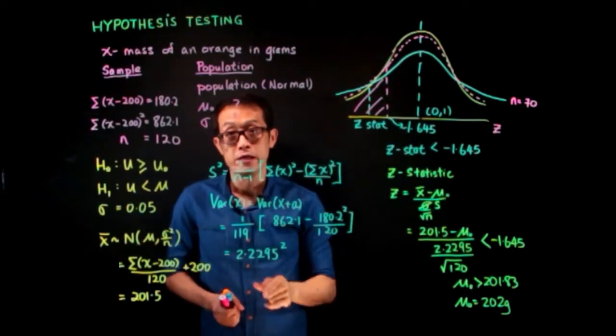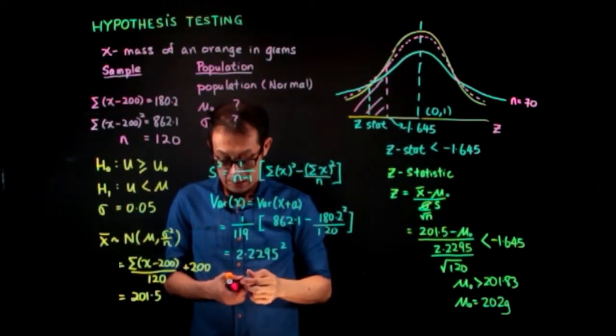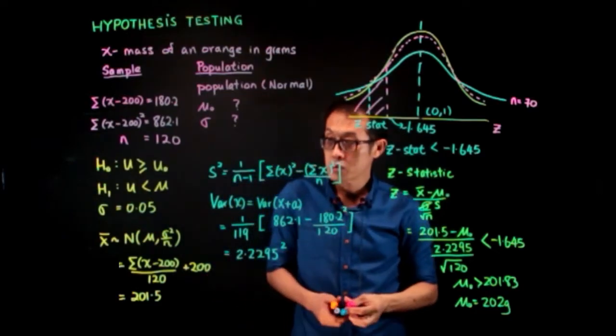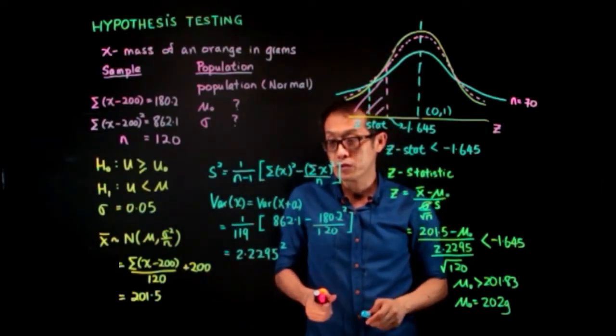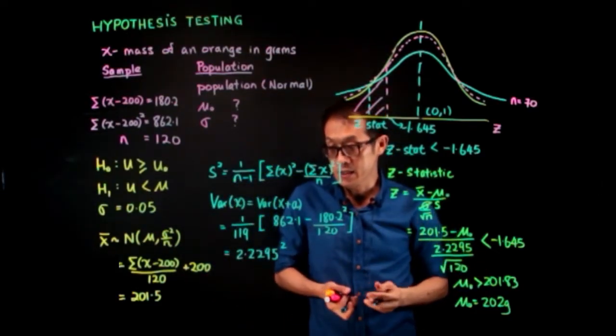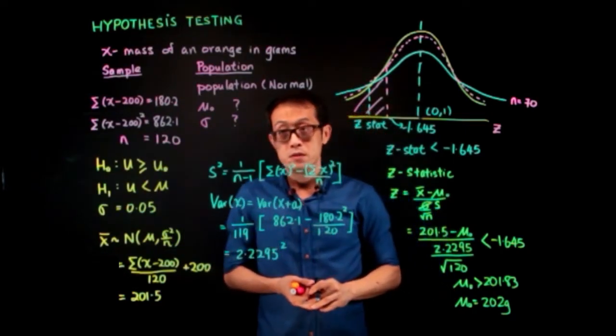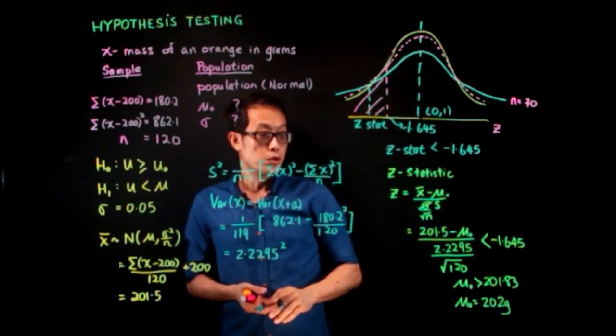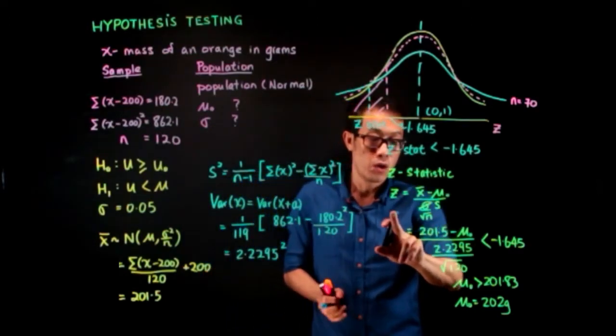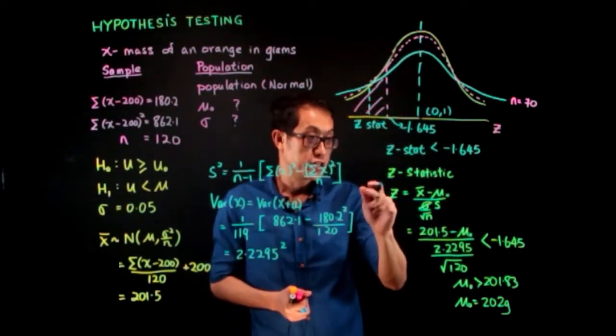But which is more accurate? The t is more accurate. So let us do it using the t-statistics. You will find that the t-score remains unchanged.